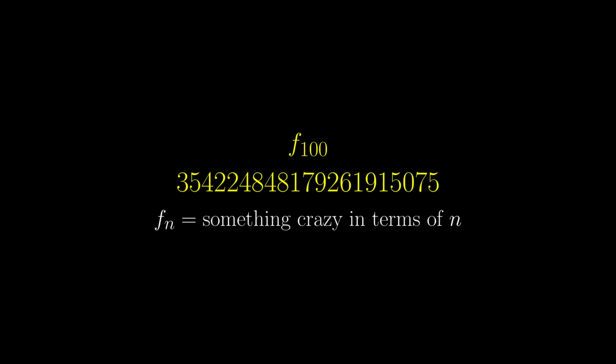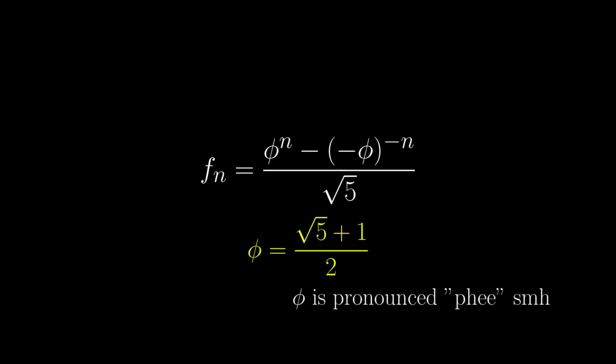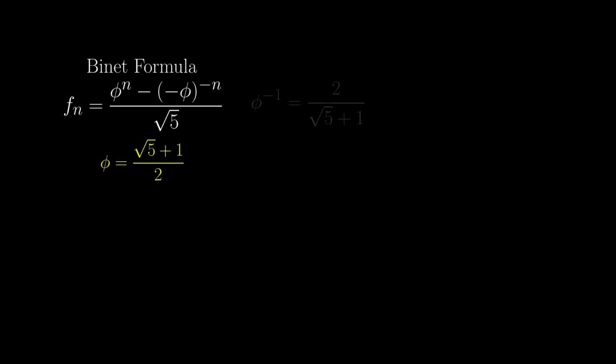Turns out, the general term is not that crazy, and here, phi is the golden ratio, and this is known as the Binet formula. The most basic proof is just to check it.